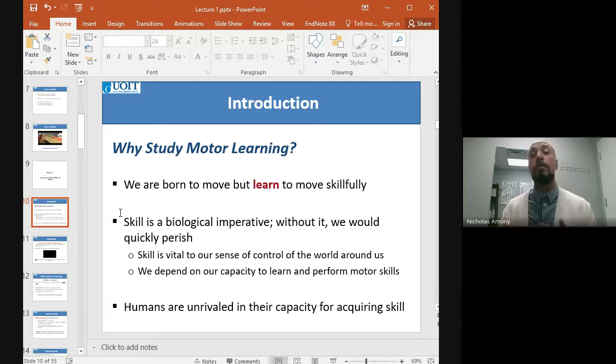We have an ability to learn skills until we pass. And so what is it about humans that makes us have such a great ability to perform fine movements and learn from others?